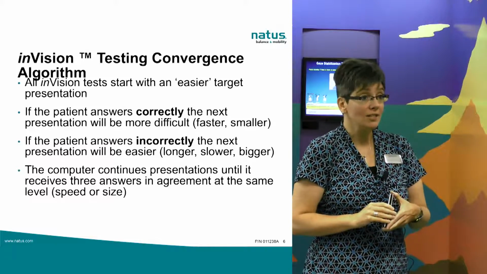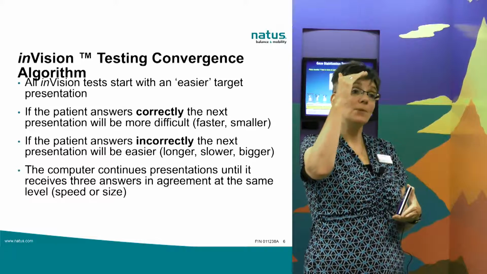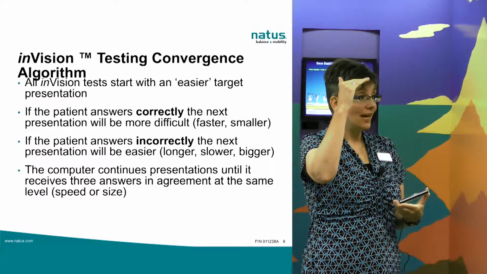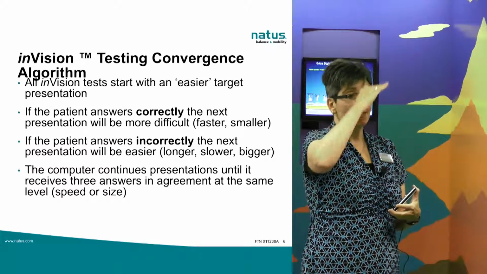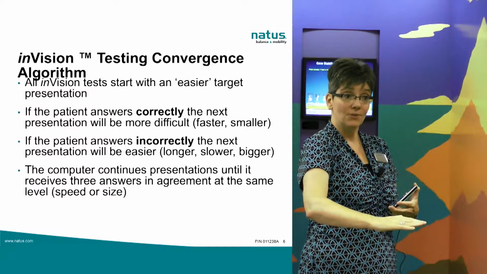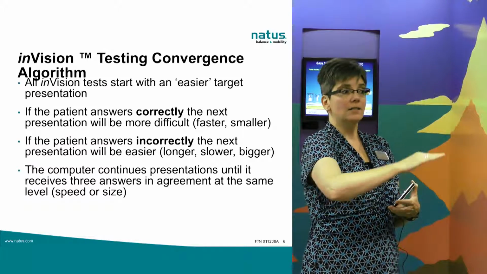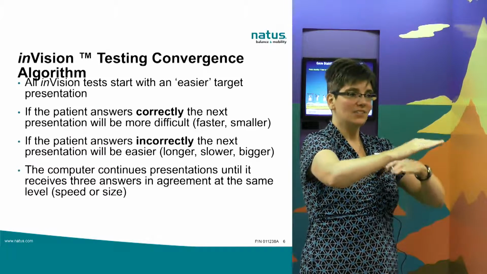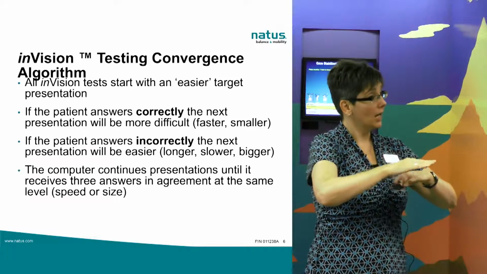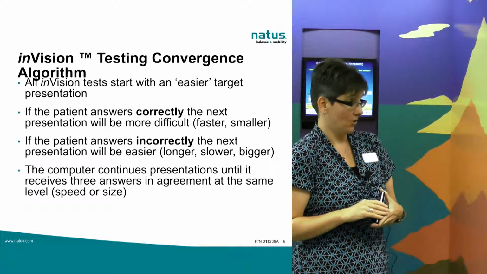So what we've changed to is a convergence algorithm, which means that the optotype is going to be presented. And then if the patient gets it right, the next optotype is going to jump a few lines. Patient gets it right, it's going to jump a few lines more. And then if the patient gets it wrong, it's going to jump up just a little bit, and it's going to slowly narrow in on the exact level where the patient is having the most difficulty.